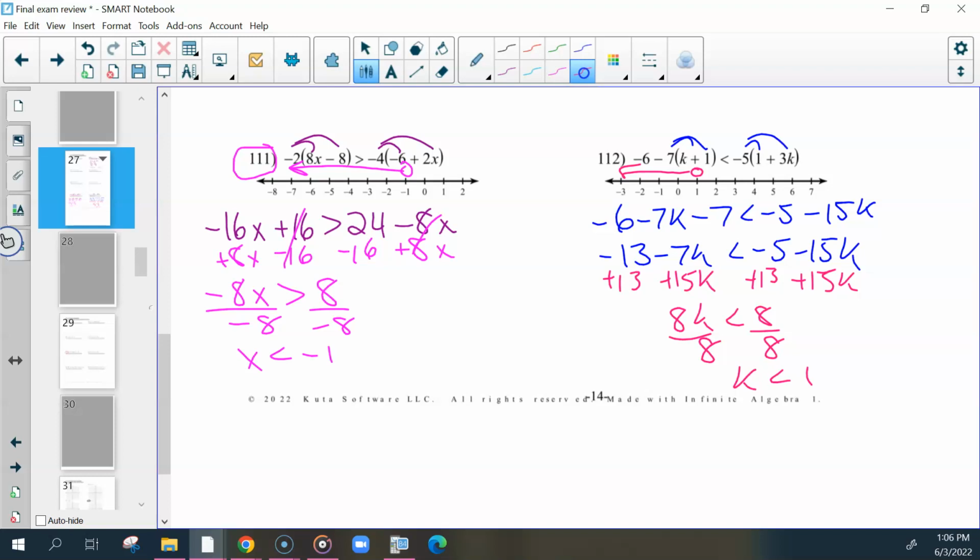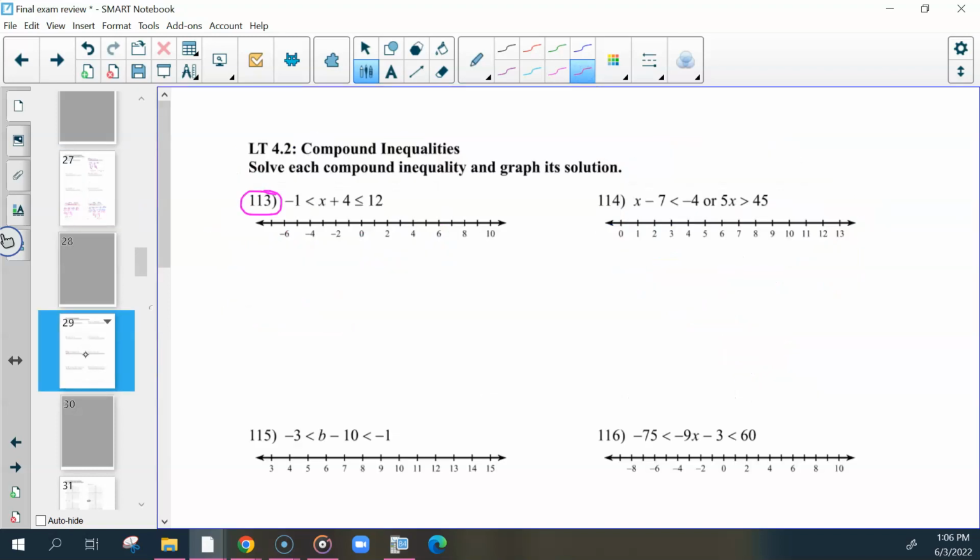Other questions on this page? On the next page, compound inequalities is something we did not too long ago, so hopefully you remember this somewhat.